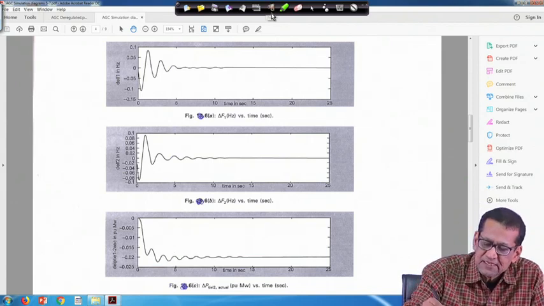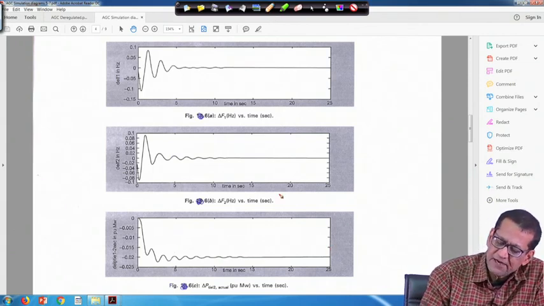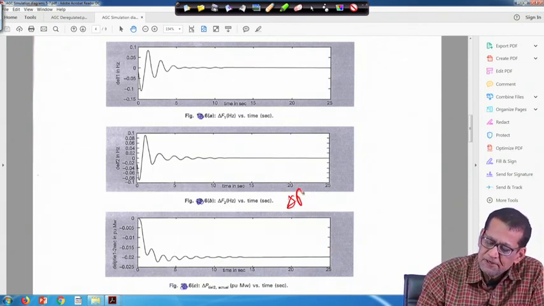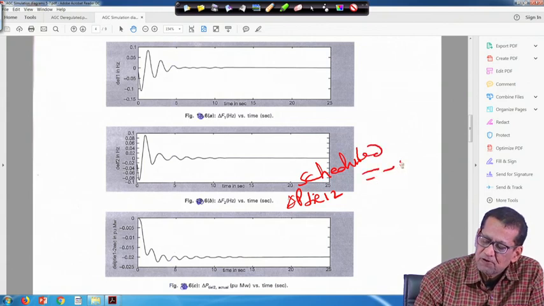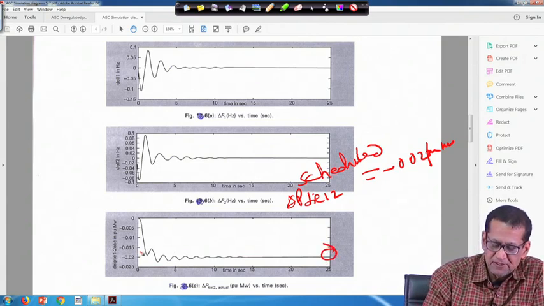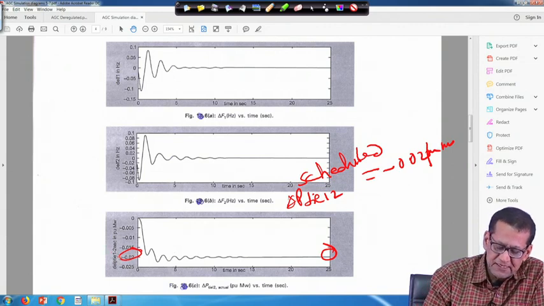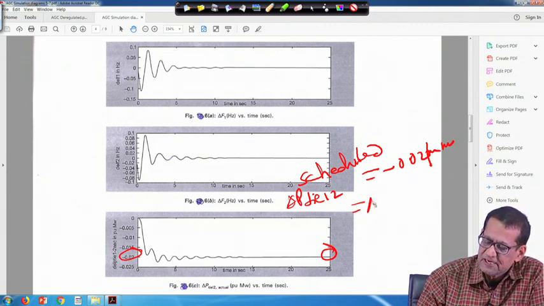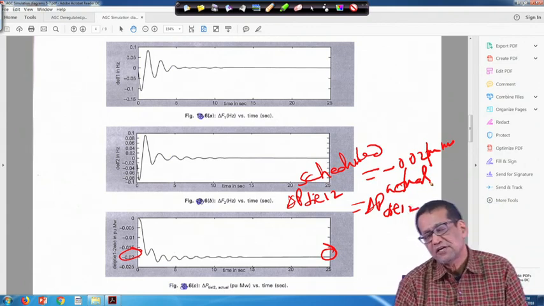Look at delta P tie 1 2. The schedule value we computed was minus 0.02 per unit megawatt, and you are getting minus 0.02 per unit megawatt, which is the actual value. This is because at steady state delta P tie 1 2 error will be 0.